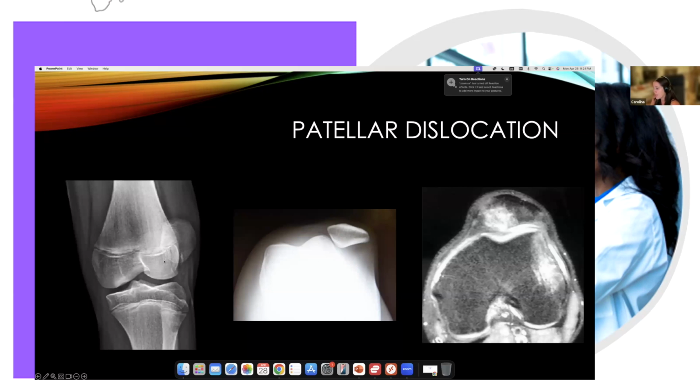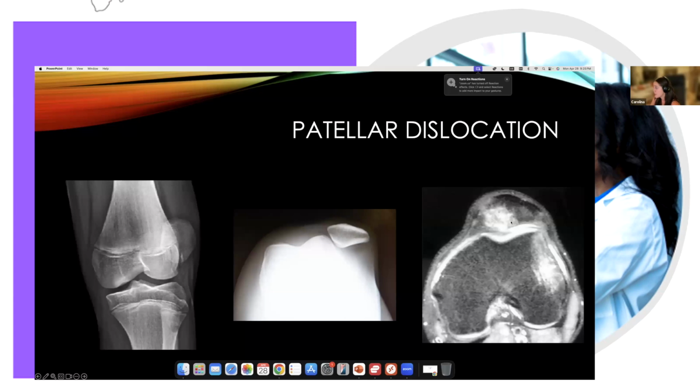The most common site is the lateral aspect of the patella. You know, it is the lateral aspect because the fibula is on the side of the lateral aspect of the knee joint. And what happens in this case is that the medial ligamentous complex gets torn or at least injured. The patella goes all the way to the lateral aspect of the femoral condyle. It can cause what we call kissing contusion.